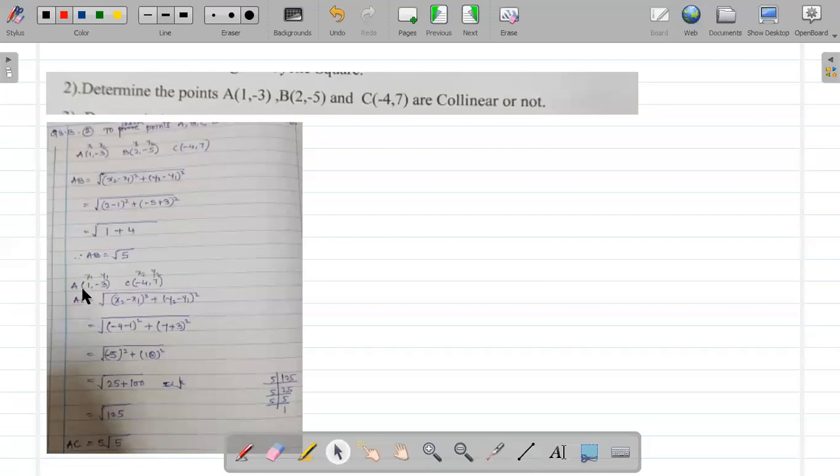Again, applying the distance formula, plugging in the values. You could see here I have written A and C and then x1, y1, x2, y2. You can always put some markings and then plug in the values like that, simplify and solve to get the number 125.